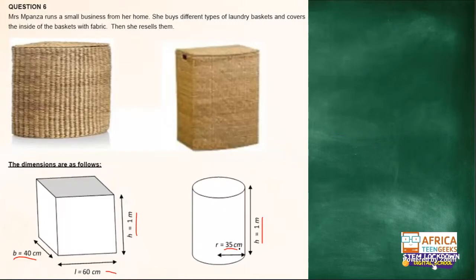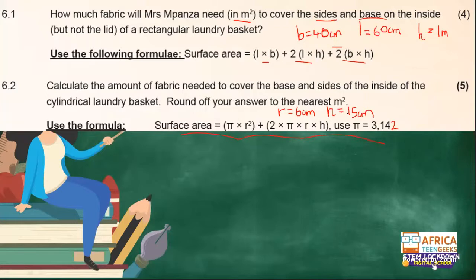It's 35 centimeters. Think about the previous question. 35 centimeters and 1 meter. My bad. It's 1 meter, your height. And then this is 35. Make sure that the units are in meters first, right?